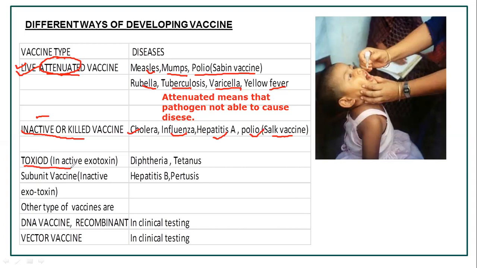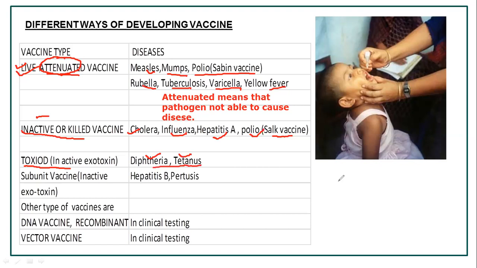Pathogens release toxins that actually cause the disease, right? We use the inactive form of the toxin to develop our immunity, as in diphtheria, pertussis, and tetanus vaccines.